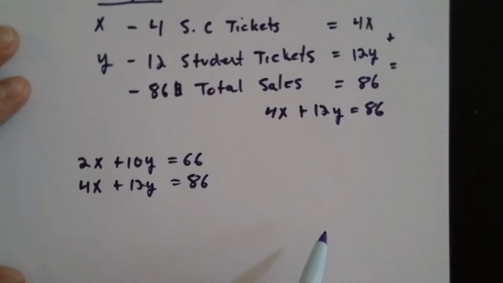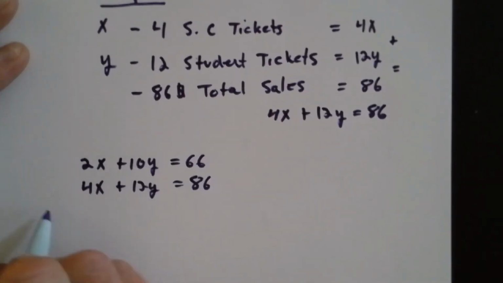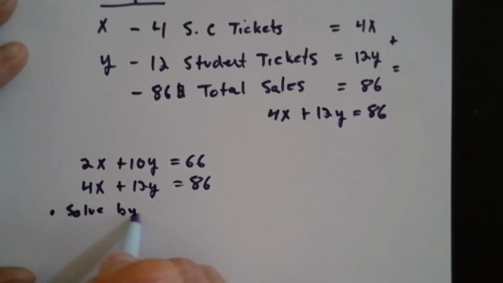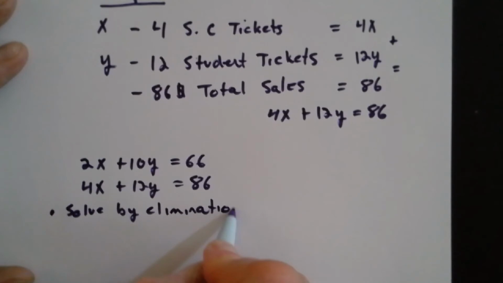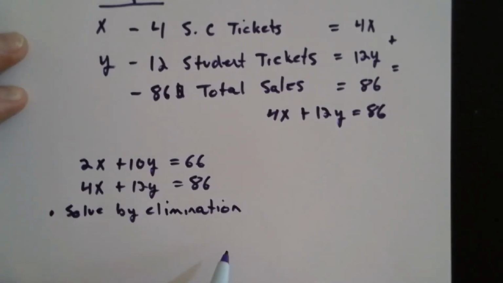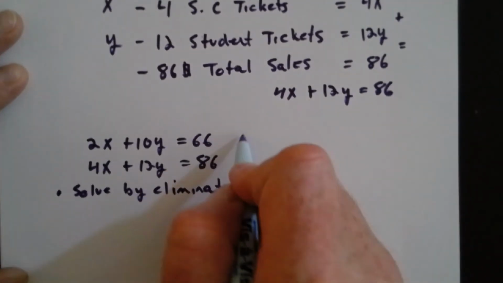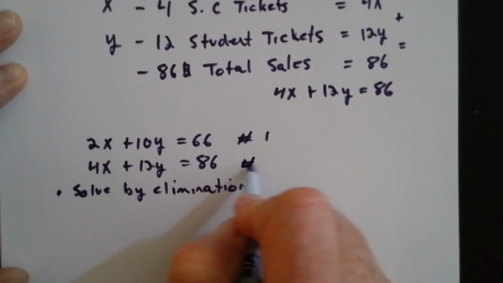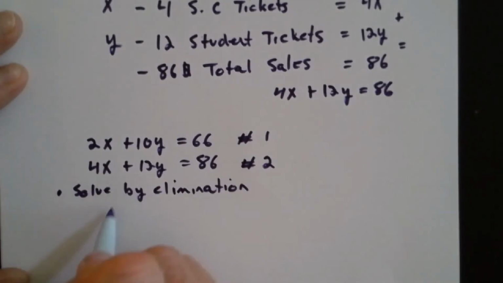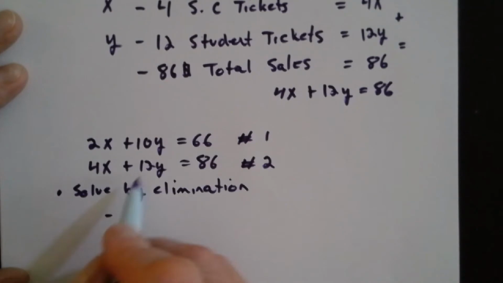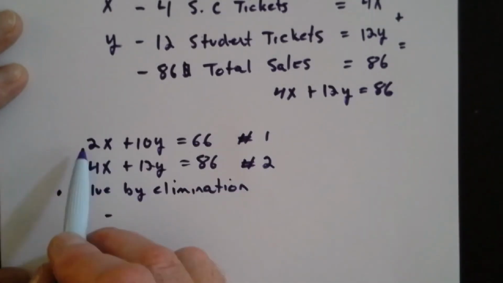And we're going to solve this by elimination. Okay, which one do we want to eliminate? The x's. And how are we going to do that? By multiplying number 1, we're going to multiply number 1 by what?